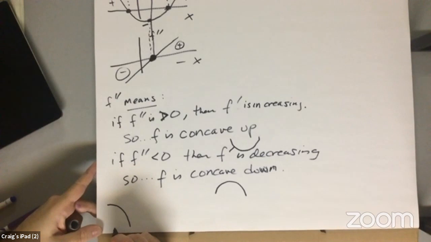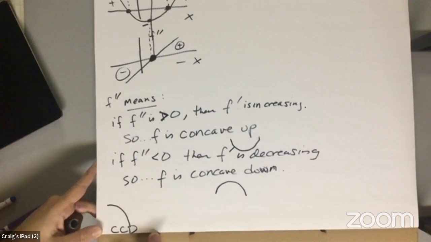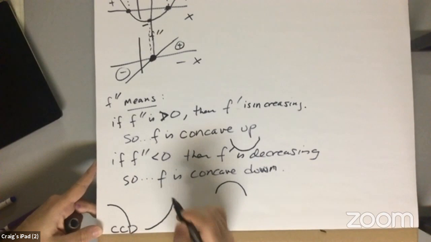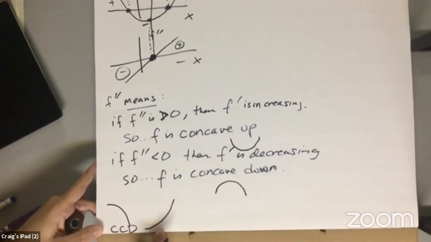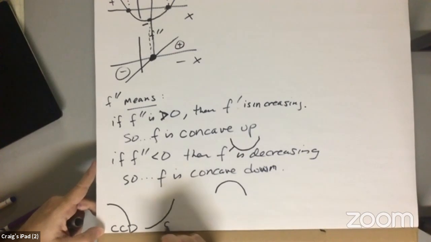I'm going to guess this one is concave down. Yep, this one is concave down. I'm going to call it CCD. And what's this shape right now? Concave up or concave down? This one's concave up.